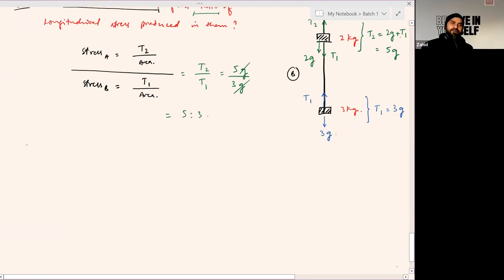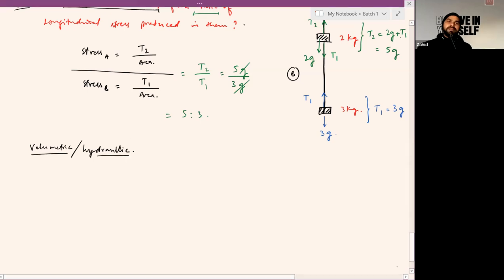Now, the third type of deformation will be volumetric or hydraulic. Suppose you have a spherical body.